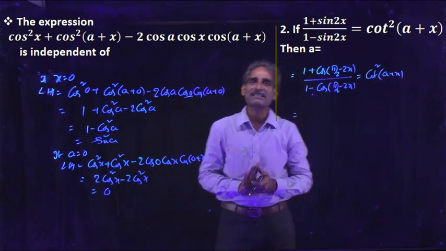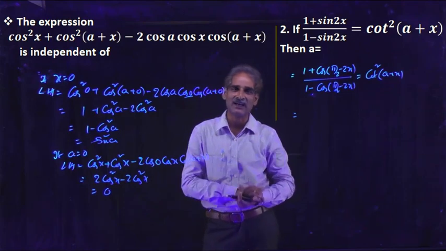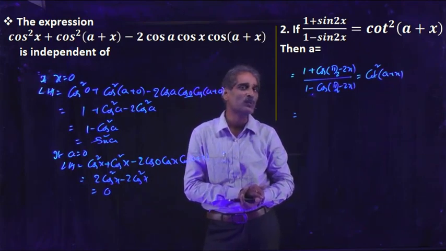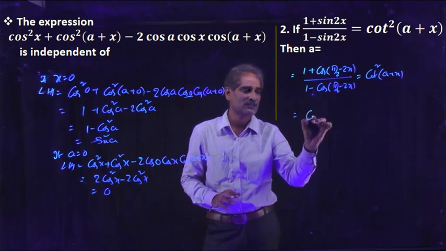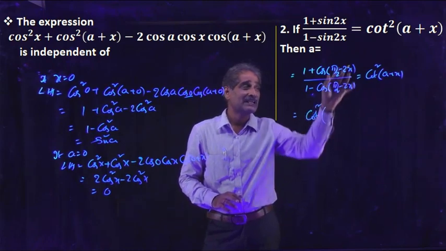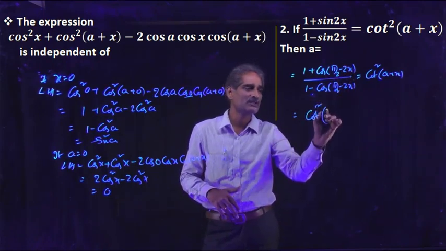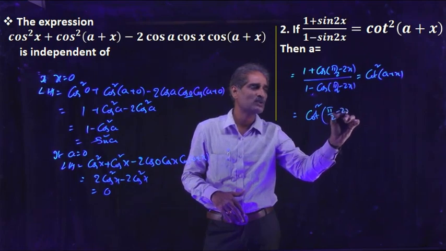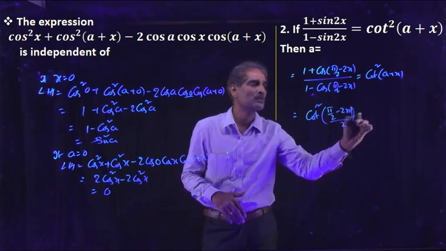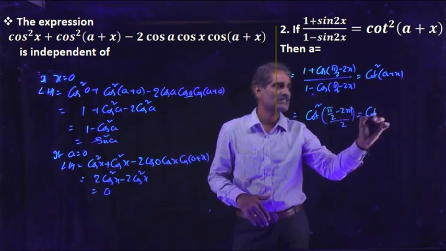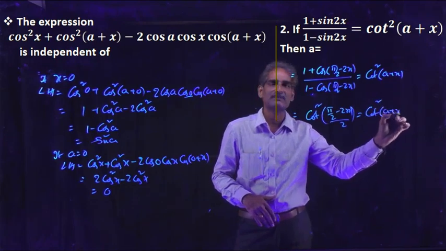So (1 + cos theta)/(1 - cos theta) is nothing but cot square theta by 2. That means cot square of (pi by 2 minus 2x) whole divided by 2, that is equal to cot square (a plus x).